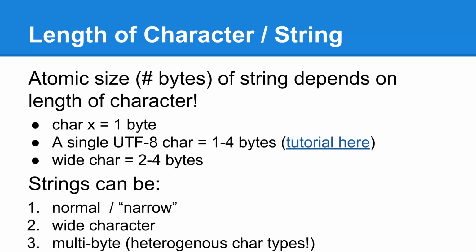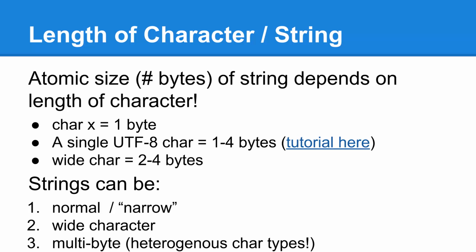However, many students are not taught how to handle multiple character sets, and that's why UTF-8 and other character encodings exist. A single UTF-8 character may be 1 to 4 bytes. There are other character types, such as a wide character, which, depending on the platform, is either 2 or 4 bytes.